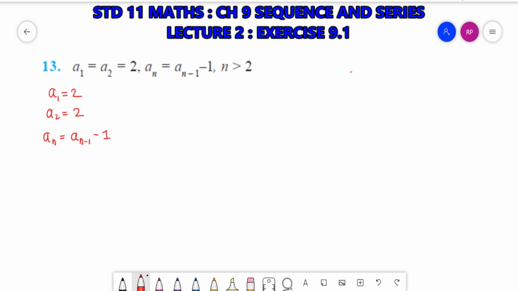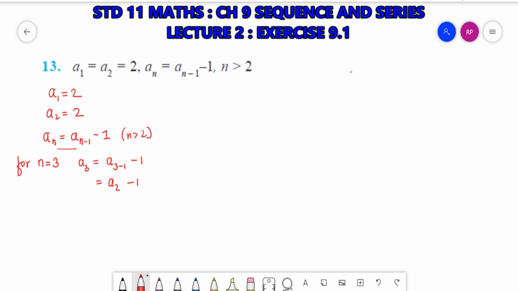Let's find out the third term. For n equal to 3, I will use this formula. This formula is applicable when n is greater than 2 only. Okay, so a3 will be equal to a 3 minus 1 minus 1, that is equal to a2 minus 1.